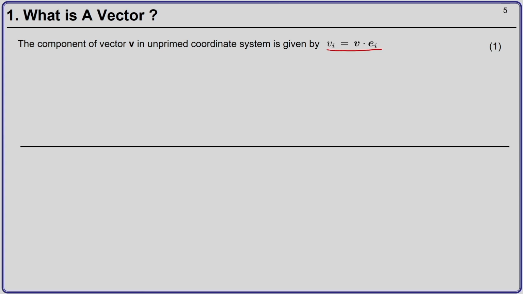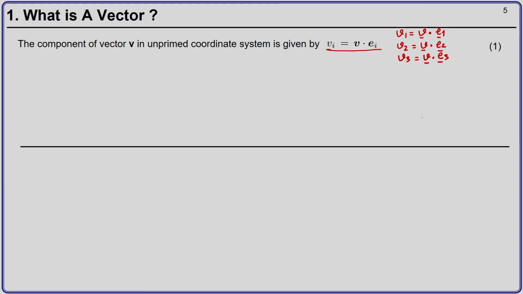Now, you know that the component of a vector is nothing but the vector dotted with the basis vector, the unit vector, along that particular direction. So, v1 would be nothing but the vector v dotted with e1, right. You will get the component of the vector along the e1 direction. v2 will be v dot e2 and v3 will be v dot e3, right.